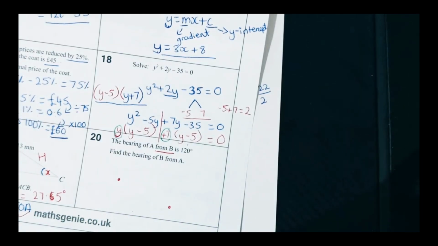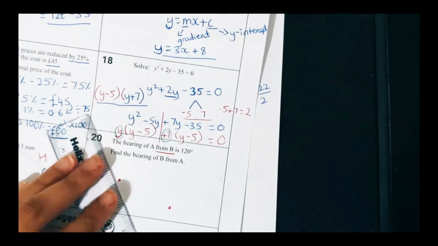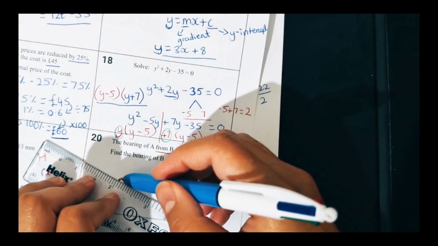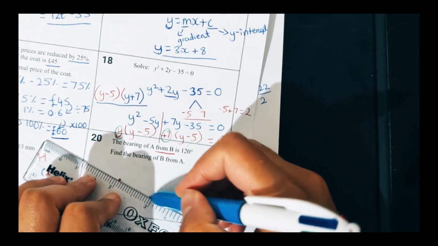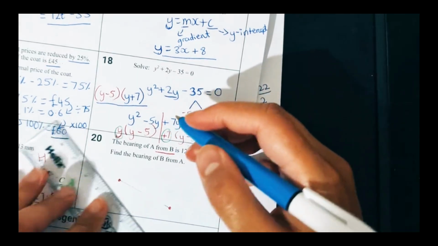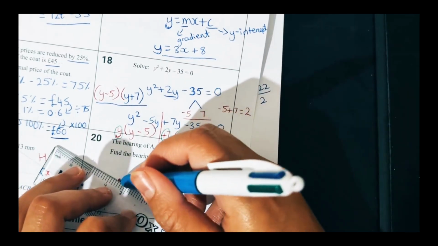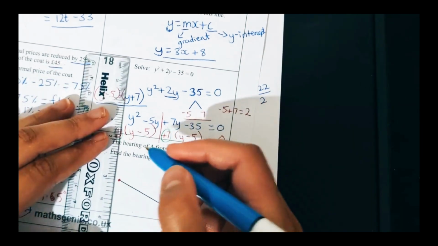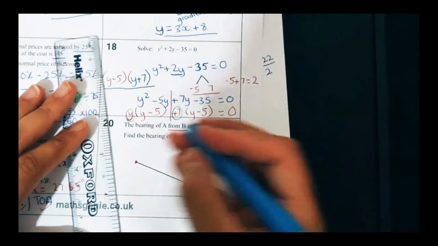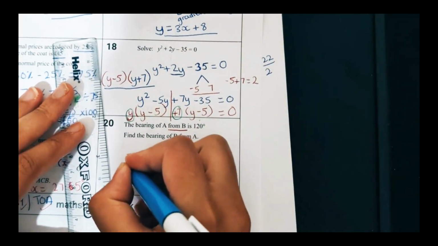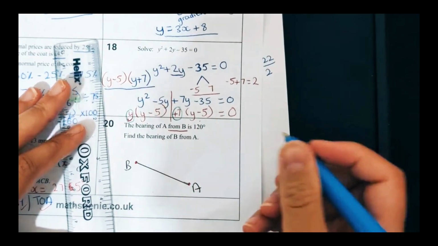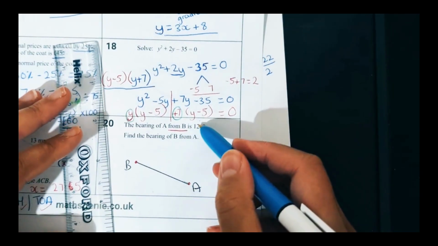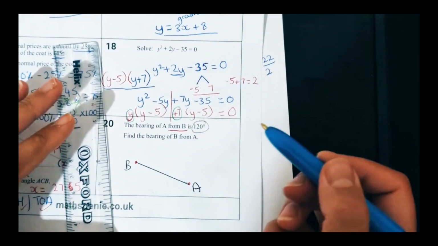Let's see if I've got a ruler actually. Yes, I do. There's no reason that I've put it in this way. I just decided to. It could be done in any order really. Next, what I'm going to do is label my points. So this is going to be my B. This is going to be my A. Actually, the one reason why I have is because 120 degrees is an obtuse angle.